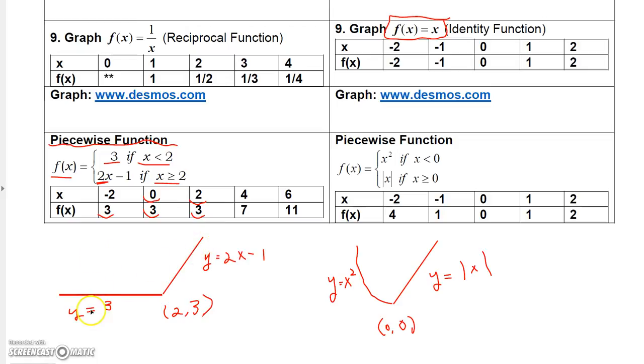The reason that piecewise functions are utilized is that the relationship between two variables might be one thing for a while, and then once the number changes, or maybe the number gets bigger, the relationship changes.